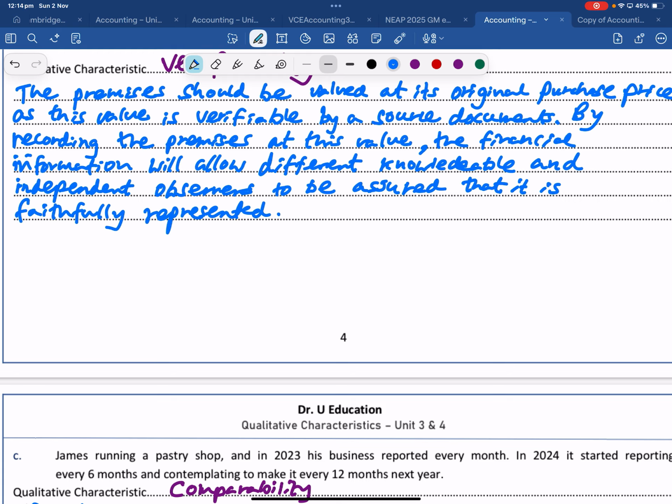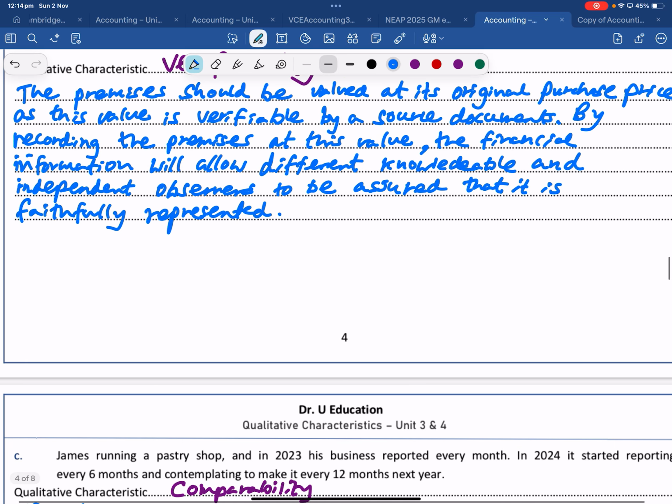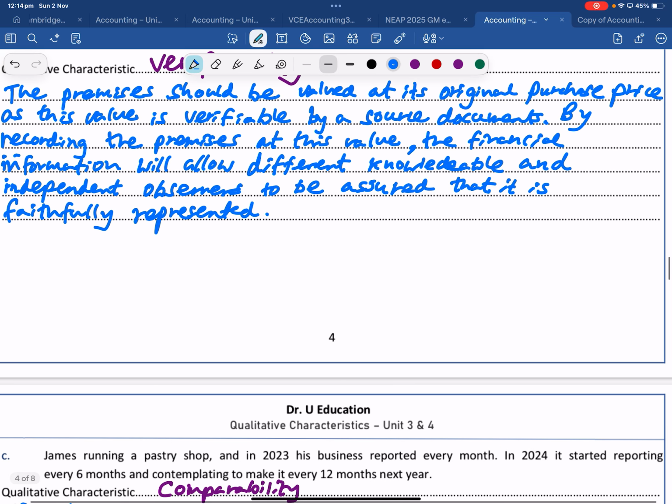Timeliness, are you sure? No, not timeliness, Sandhu. Why? They are talking about how in 23 the business reported every month, in 24 it started reporting every 6 months, and then it's thinking about 12 months next year.